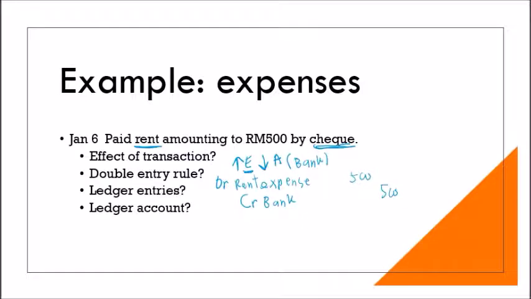Let's make a T account. So we have two accounts again, which are the rent expense and the bank.